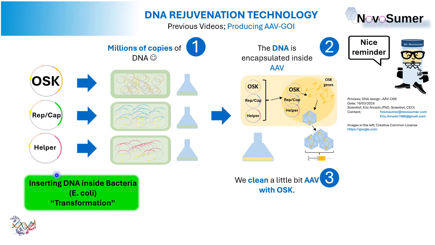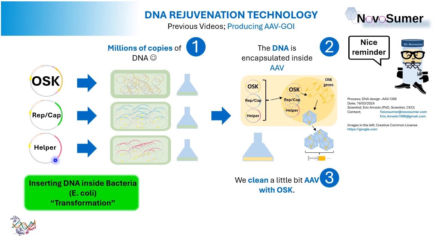Okay, this is a little reminder from previous videos. This slide is a summary of the steps necessary to produce OSK. Please have a look here to the left of the screen. Do you see here the DNA? This is the DNA necessary to produce OSK.